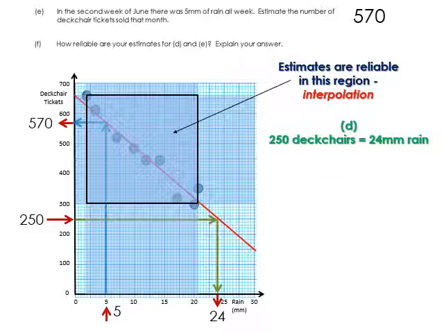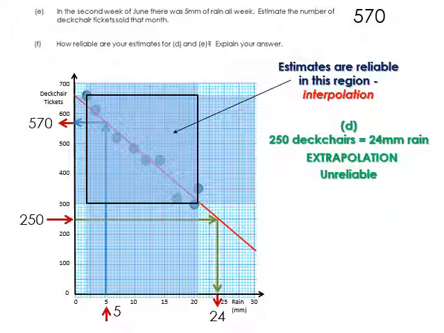So 250 deck chairs equals 24 millimeters of rain is extrapolation because it's not within that region of data. So therefore the deck chair question is extrapolation and it's unreliable, whereas question E, where we're looking at the deck chairs, is within that region, and so we use interpolation and we can say it is reliable.